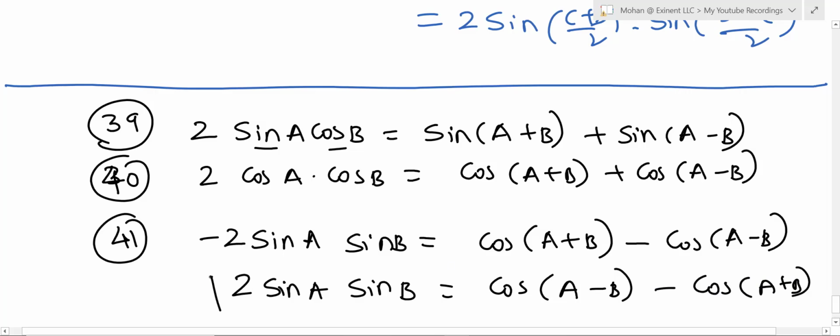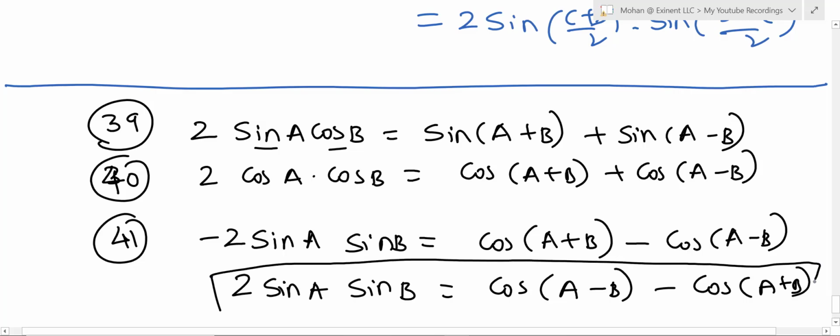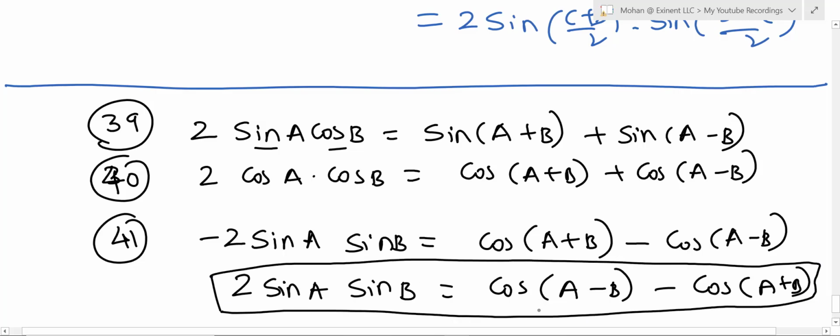You can try to remember this, but be careful that the first term is cos of (A minus B), not A plus B. If you are careful with that, you can just get it. So these formulas, around 40 formulas, will be very useful, not only in solving trigonometric problems.